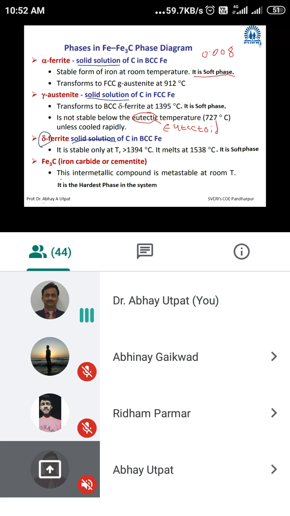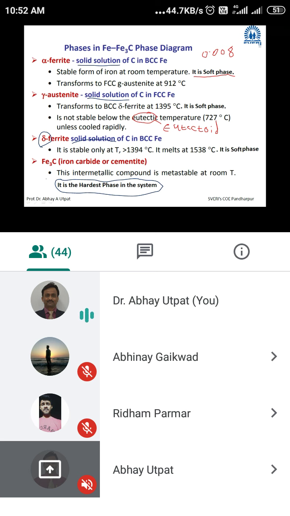Remember this, I am making round. Sometimes MCQ is asked or oral may be asked, which is the hardest phase in the system? Cementite is the hardest and brittle phase in this iron carbon system.